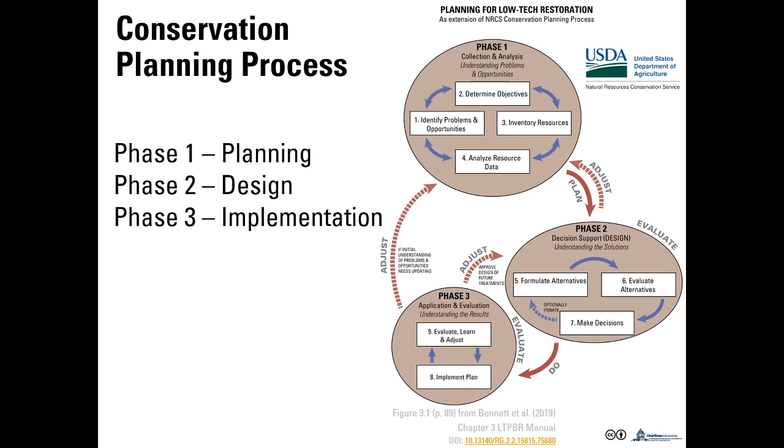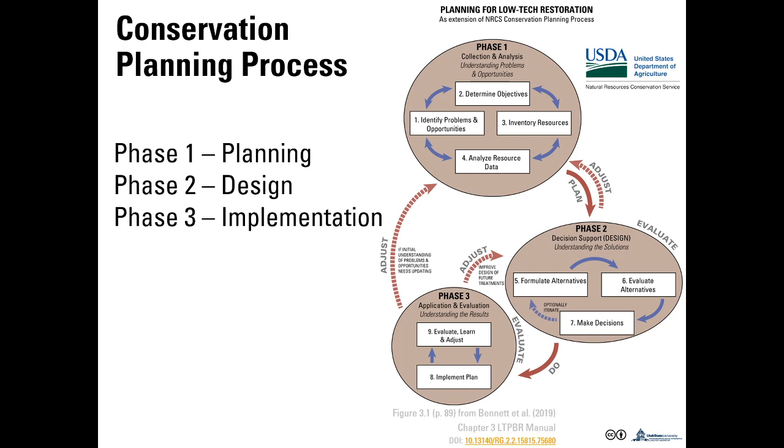And then we'll move into phase two once we've decided, here there is an issue and we'd like to address it using low tech. Phase two is really about that design phase or coming up with some alternatives, laying some things out, and then making some decisions on what we're going to implement to reach some of those goals and objectives that we set in phase one.